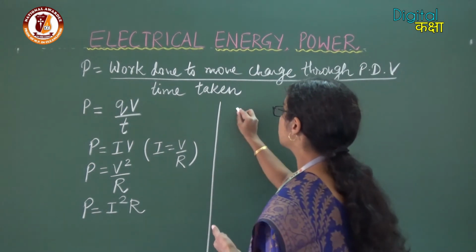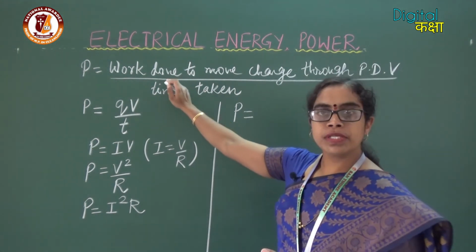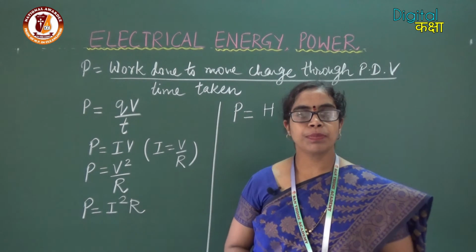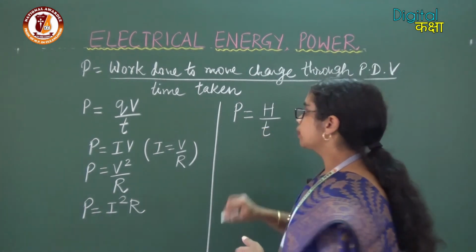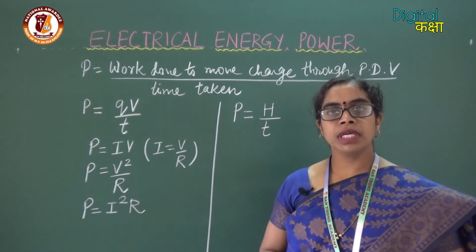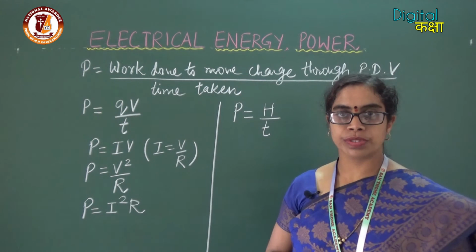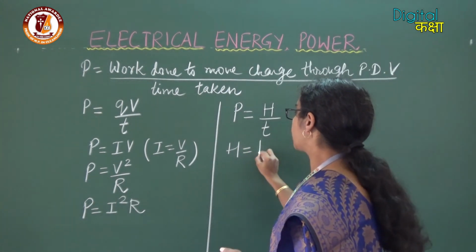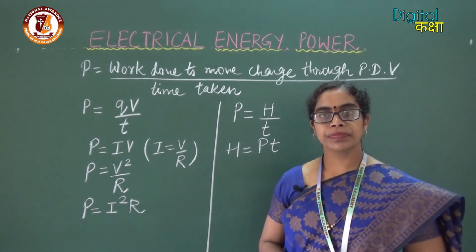In the formula for P, in place of work done, I can write H, where H represents the heat energy, upon time t. This time t is the time for which the heat energy is produced. From here, I can write the formula for H to be equal to P into T.